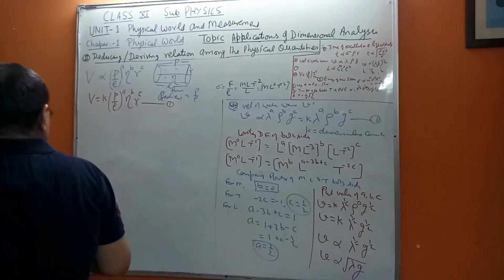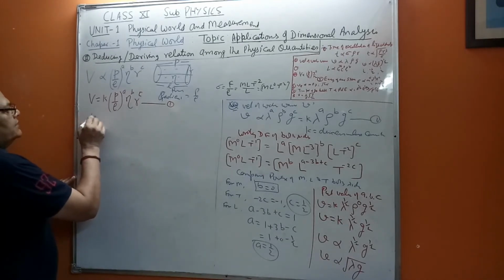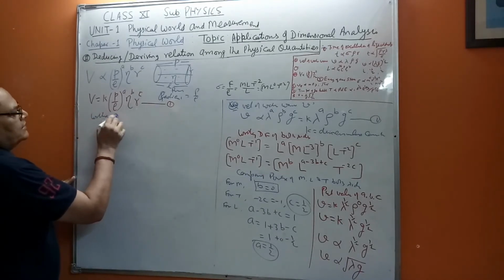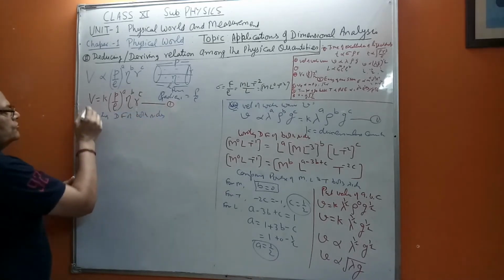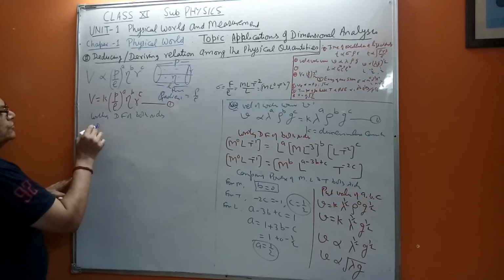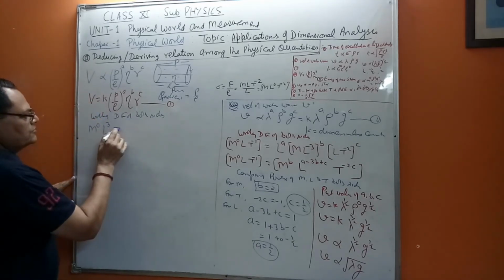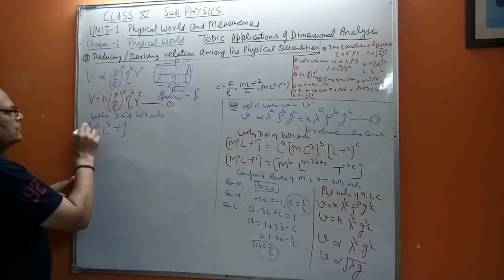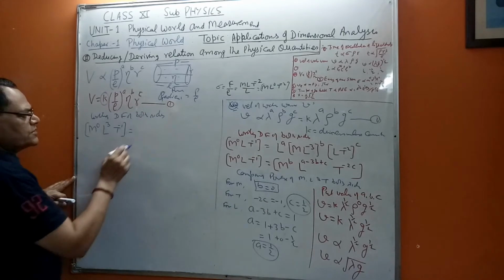So it's very important you think about this. We will be writing the dimension formula of both sides. Volume is L cubed, but because it's per second, T minus 1, is equal to K, a dimensionless constant.